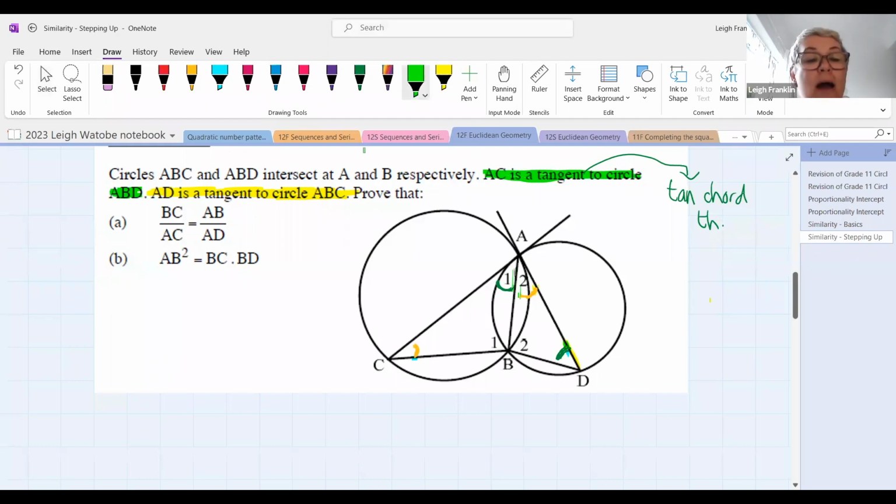Okay, so let's go and highlight them. I'm going to highlight triangle ABC. And I'm going to highlight triangle ABD. There we go. And they share this common side AB again.